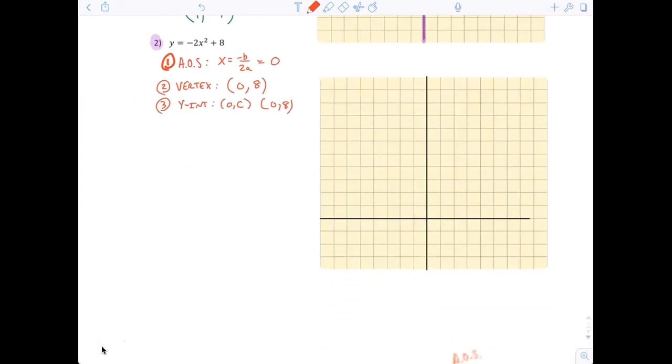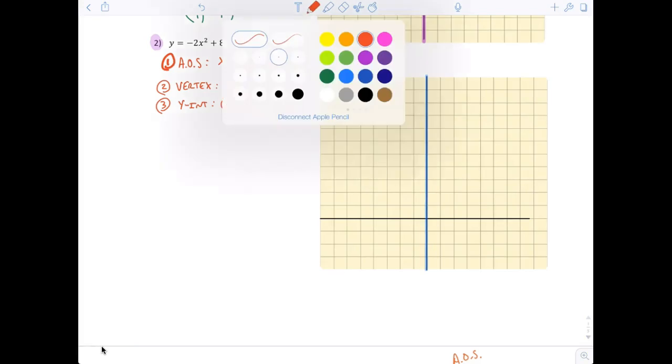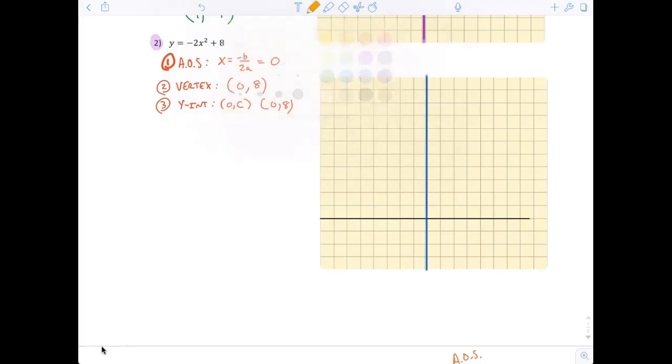But anyway, we're still going to plot the axis of symmetry here, and the vertex we'll say is at (0, 8). So 1, 2, 3, 4, 5, 6, 7, 8.